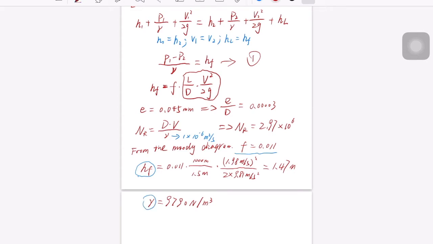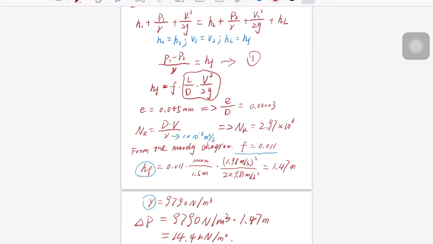So we have that the pressure drop equals 9790 times 1.47 meter. So the value is 14.4 kilonewton per square meter.